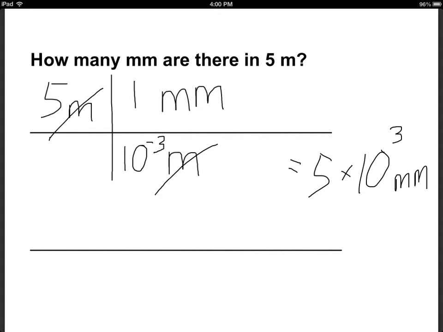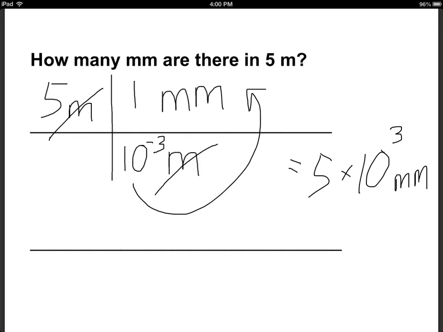And in fact, I don't even need a calculator to do that problem, although you probably didn't need one regardless.